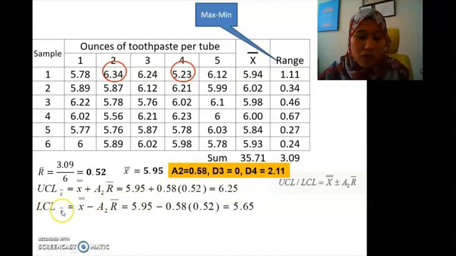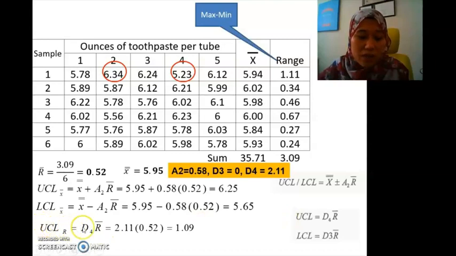For the lower control limit, it's minus, so we have 5.65. Then we proceed with the control limits for the R chart. The upper control limit is D4 times R bar. D4 is 2.11 and R bar is 0.52, so we get 1.09. For the lower control limit, D3 is 0, so it automatically becomes 0.